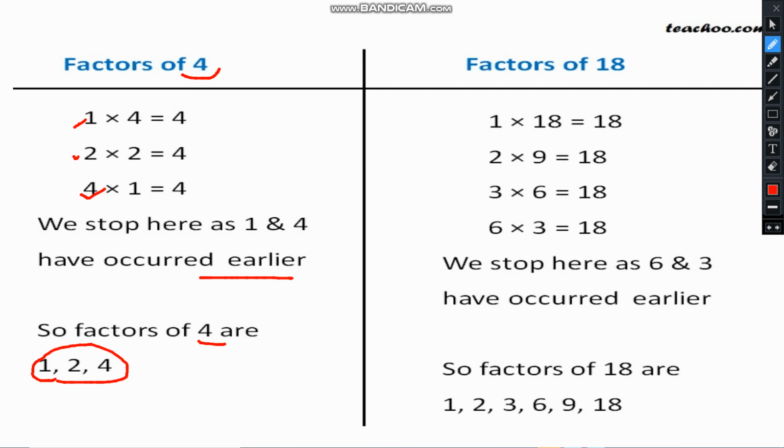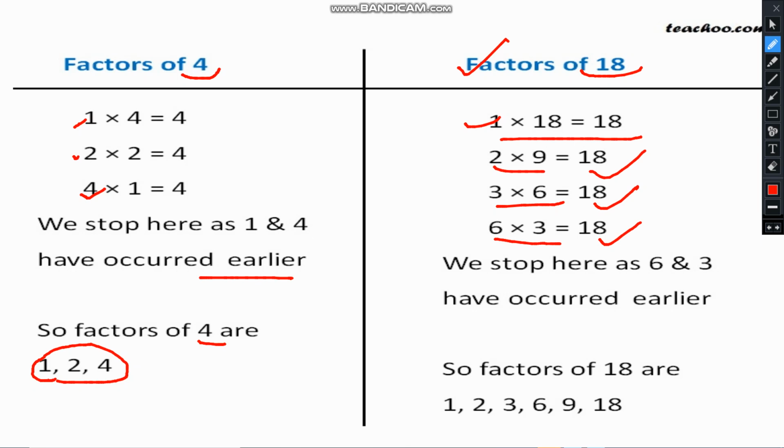Okay. Now let us see the factors of 18. How we are finding it out? First let's take 1. Yes, 1 into 18 is 18. 2, 2 into 9 is 18. Correct. Then 3 into 6, 18. Then 6 into 3 is also 18. Here 4, no. 4 में 18 doesn't come. 5 में also 18 doesn't come.